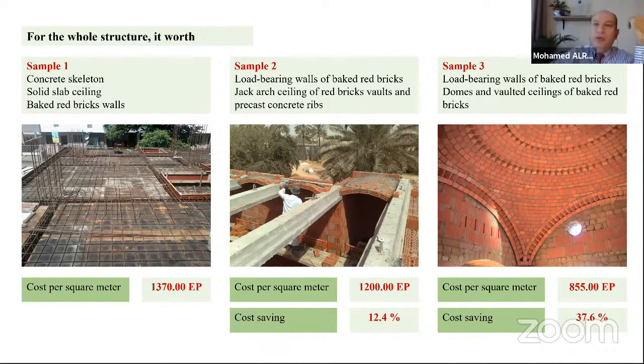It means that we could construct a new building with modern applications of earthen material at almost half price. This is the answer to why it is not affordable, when I showed you the new practices in the beginning.